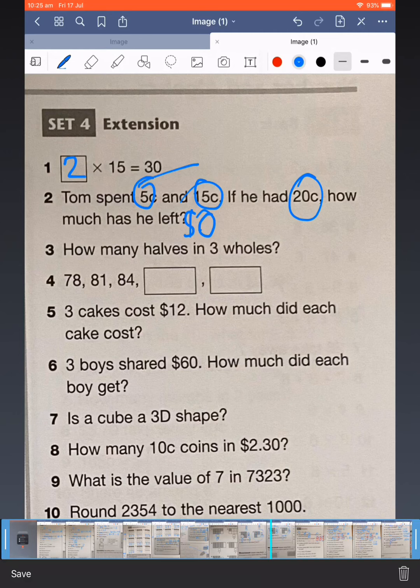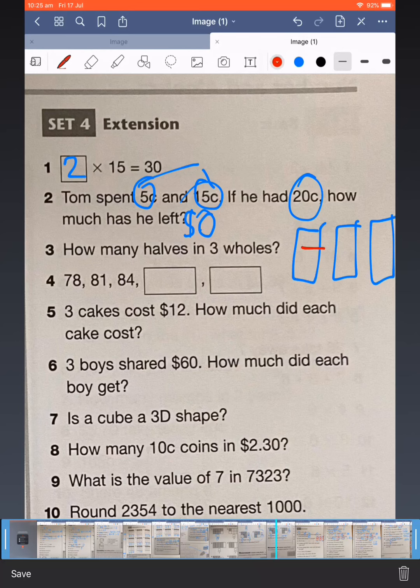All right, number 3. How many halves in 3 wholes? Okay, so I know that if I have 3 wholes, each whole has a half of that. So that'll be 1 half, 2 halves.